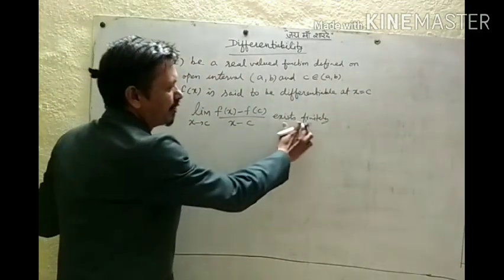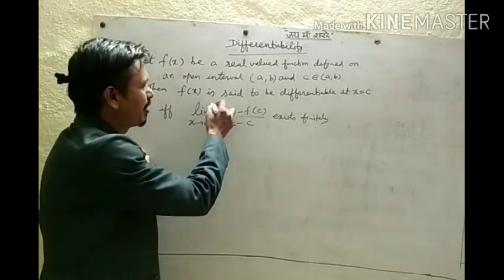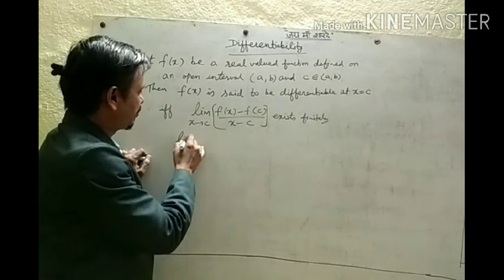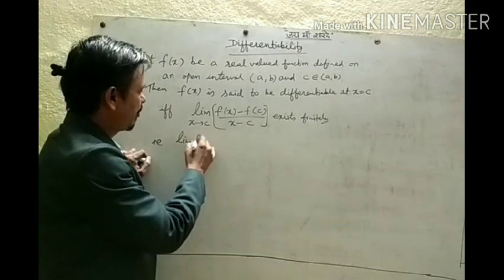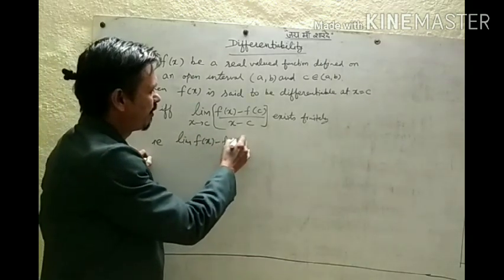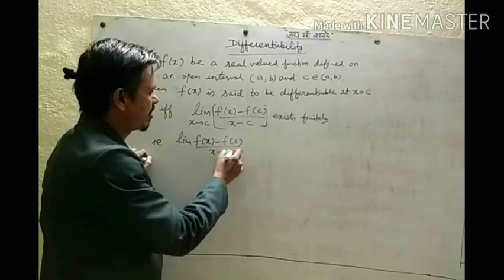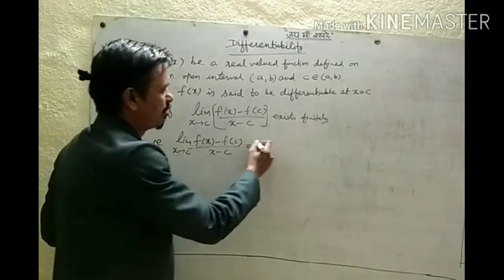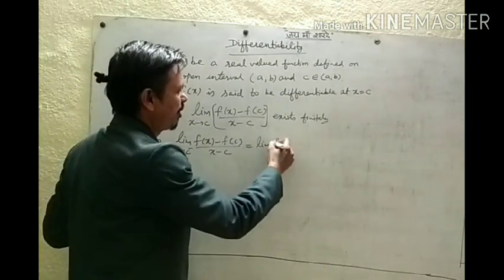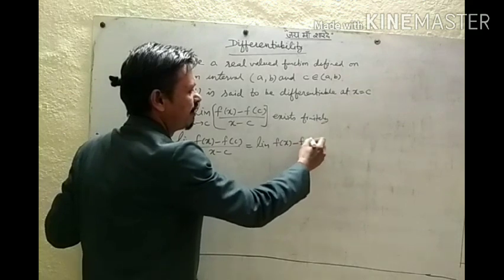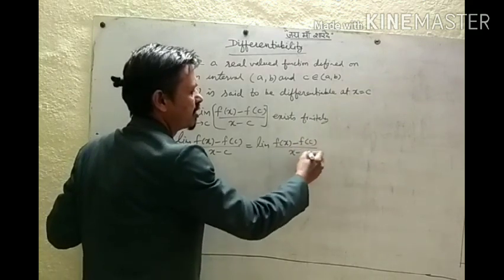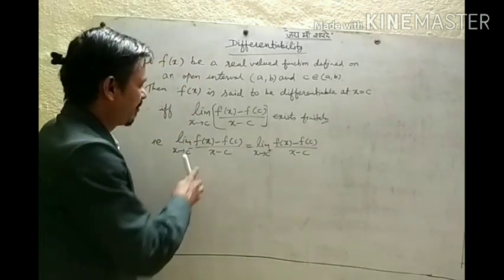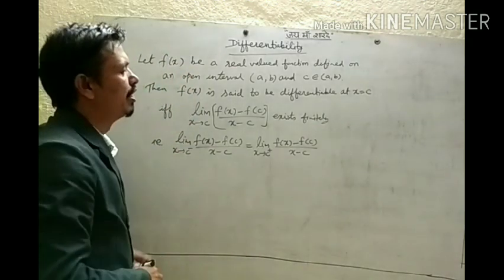This limit exists finitely means its left and right hand limits exist and are equal. That is, limit of (f of x minus f of c) upon (x minus c) as x tends to c negative is equal to limit of (f of x minus f of c) upon (x minus c) as x tends to c positive. This is the left hand limit, this is the right hand limit. Okay?